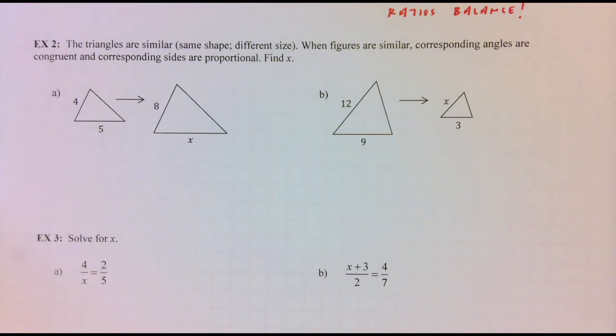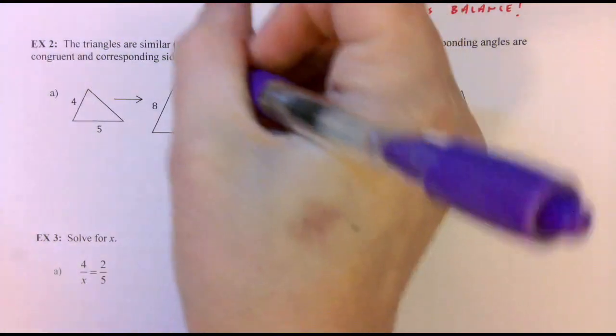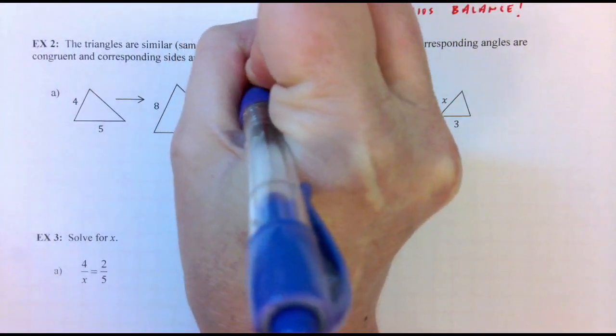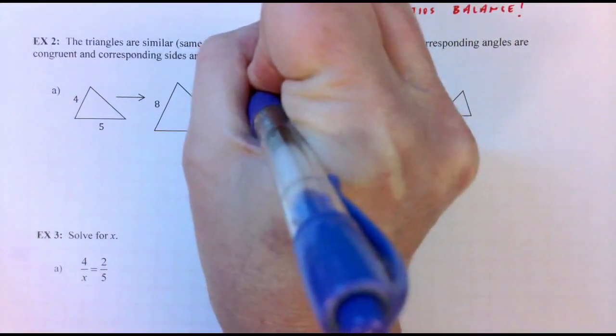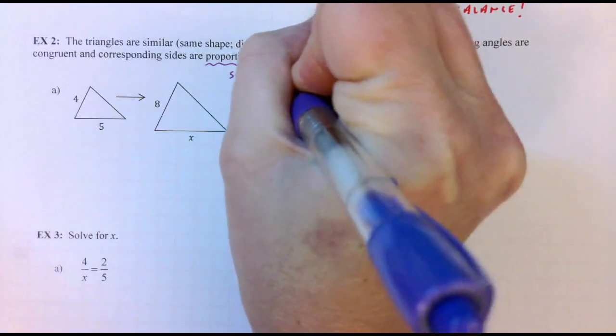But to be similar, they are the same shape, but they are just different sizes. When figures are similar, corresponding angles are congruent, and corresponding sides, they are proportional. There's that word, proportional. So if I say proportional, that just means they have the same ratio.